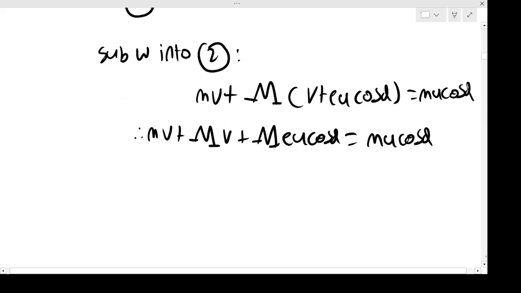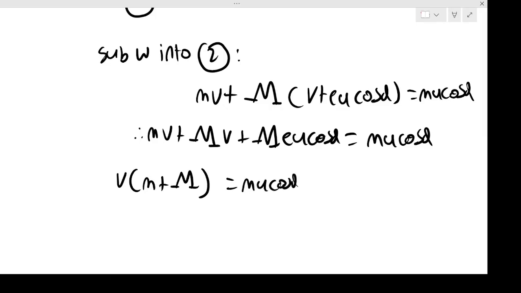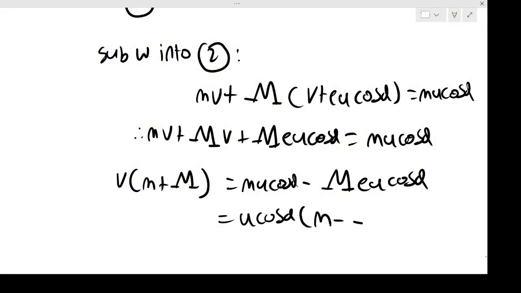Then I can factor the V out. So V lots of little m and big M is going to be mu cos alpha, take away big Meu cos alpha, right? Hopefully happy with that rearranging. So I can simplify this. I can factor u cos alpha out. So I have m take away big M e.